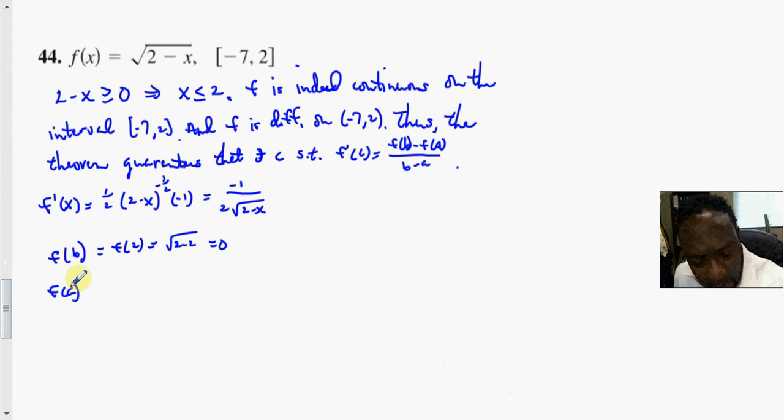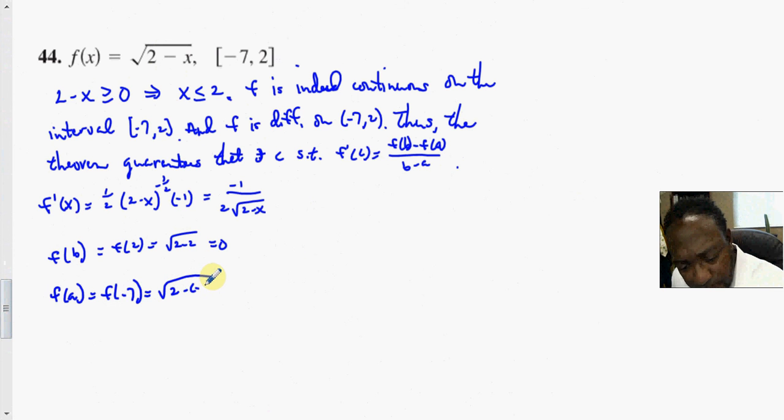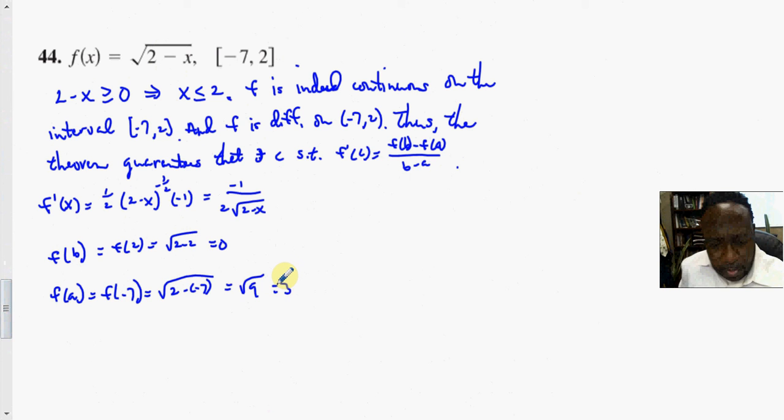We get 0 there. f of a, if you can read it, is f of negative 7. And this is the square root of 2 minus negative 7. So this is the square root of 9. That gives us 3.